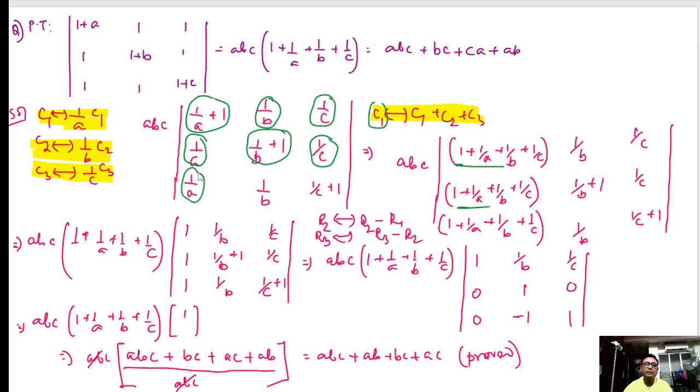Similarly, this plus this plus this and keeping it in C1. Now see, this part becomes common in the first column, so that comes out. Already ABC was there. That comes out. So this remains.